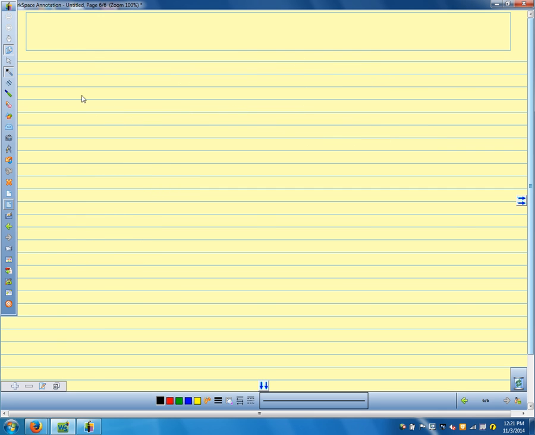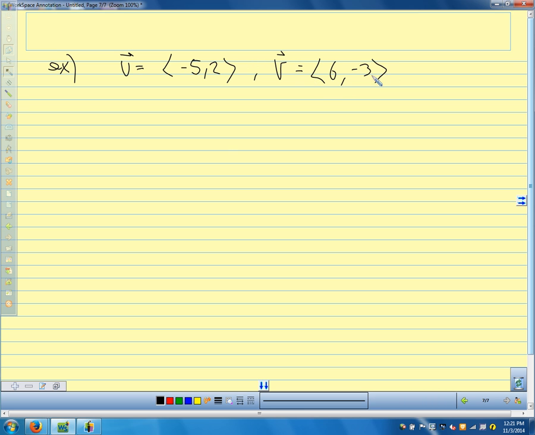All right, so last thing I want to do is a quick example with doing some of these operations. So let u equal the vector -5, 2, and v is the vector 6, -3. And let's do three things. Let's find 4u.